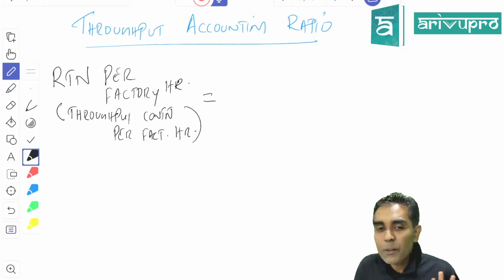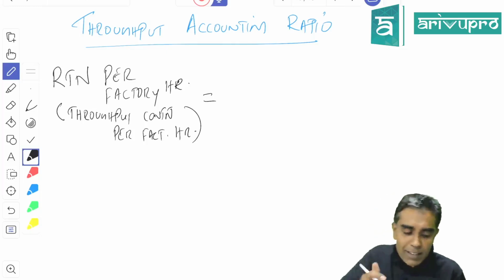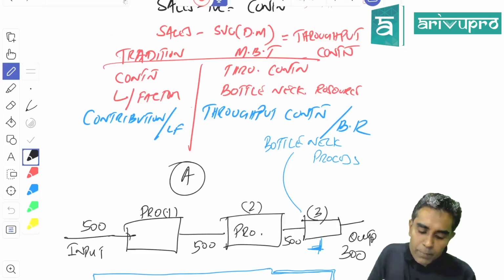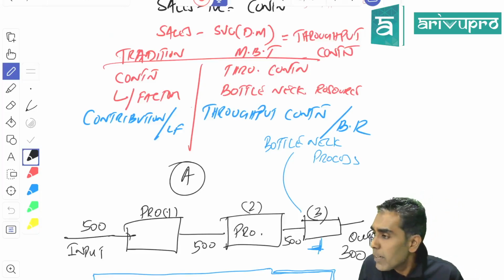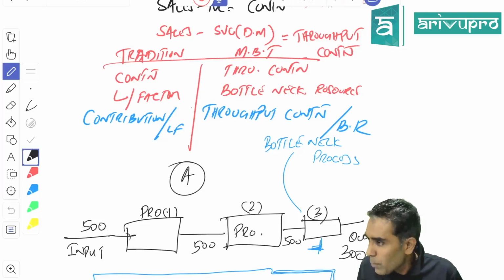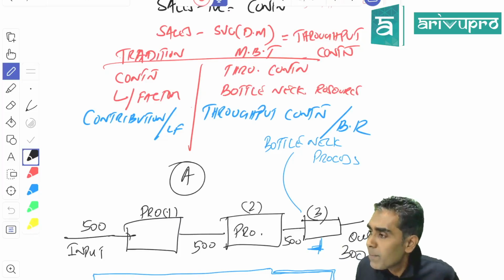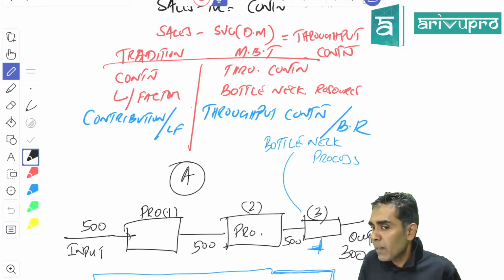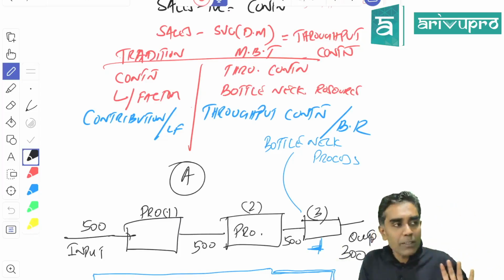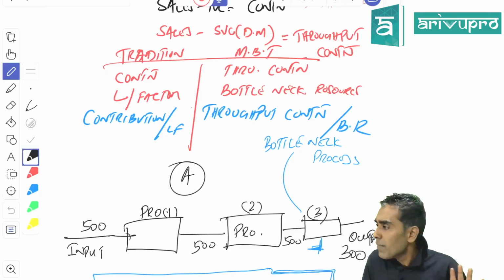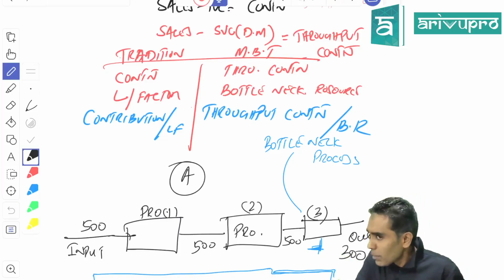Don't memorize. Do you remember? I have explained throughput contribution per bottleneck resources. How to calculate contribution per limiting factor? We rank the product based on contribution per limiting factor in the traditional costing system. How did we calculate? Contribution divided by the limiting factor.